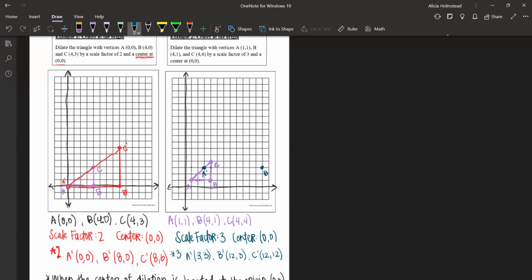This is where B prime is located, and then 12 up to 3. This is C prime. Again, if we connect those points, we will see that our dilation has produced an image that is 3 times larger than the original.